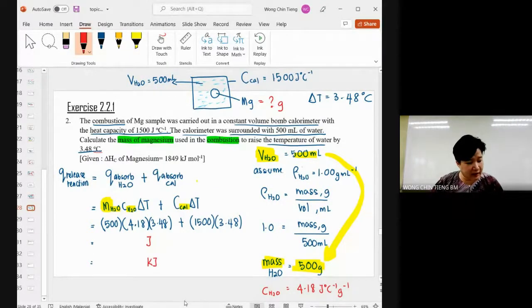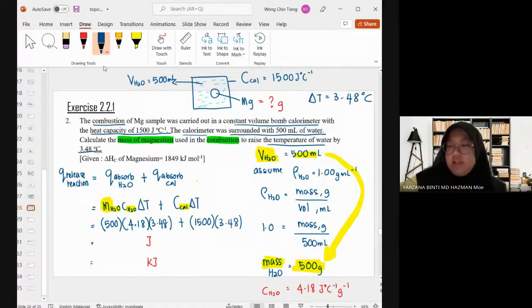Saya nak dua-dua. Saya nak joule, saya nak kilojoule per mole. Fazana, since you look very boring just now, can I have the value of joule? 12493.2 joule.